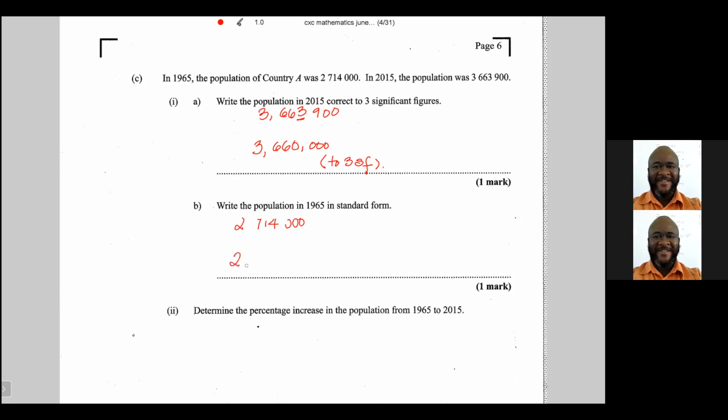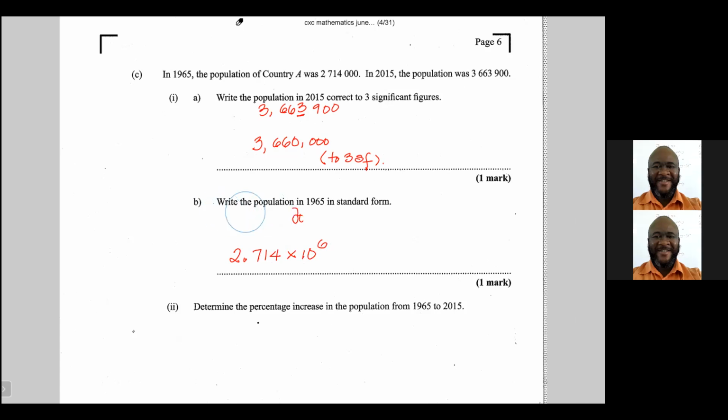So it's going to be 2.714 times 10 raised to a power. The power is the number of times you move the decimal point, which is 1, 2, 3, 4, 5, 6. So I had to move the decimal point 6 places.